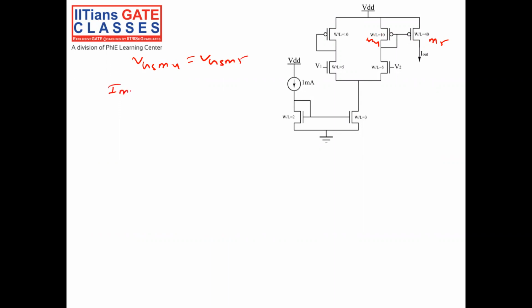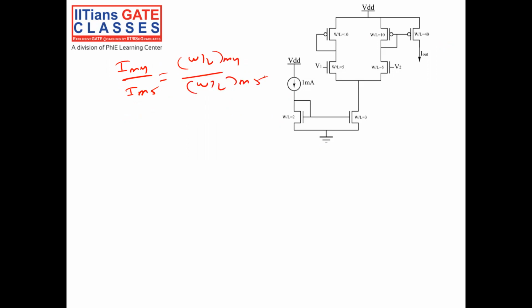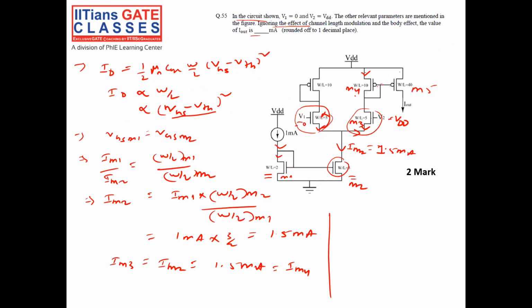So IM4 divided by IM5 is equal to W by L of M4 divided by W by L of M5, because VGS is the same for both, so the current is proportional to W by L only.